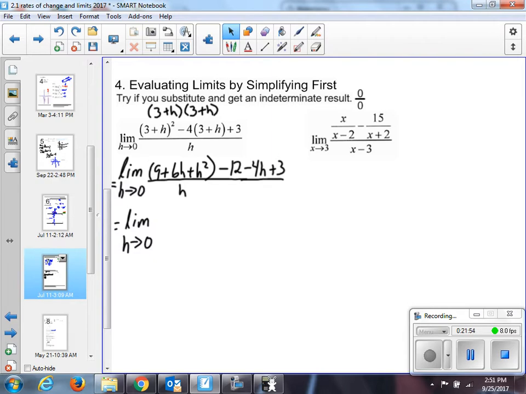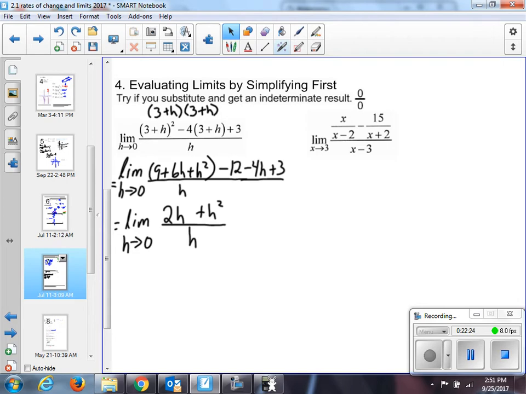Okay, I'm looking at the numbers. 9 minus 12 is negative 3 plus 3. It's 0. That's good. The number zeroes out. Then I'm looking at 6h minus 4h, so 2h. There's only one group of h squared, and it's still positive h squared. Still all over h.